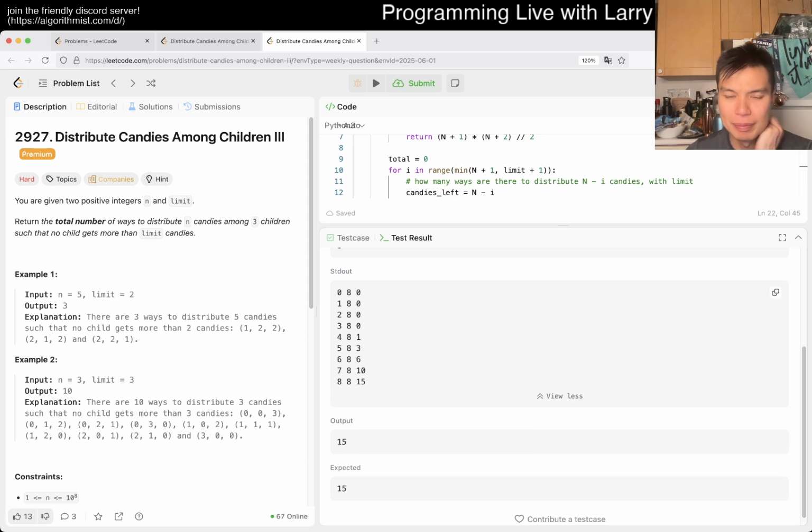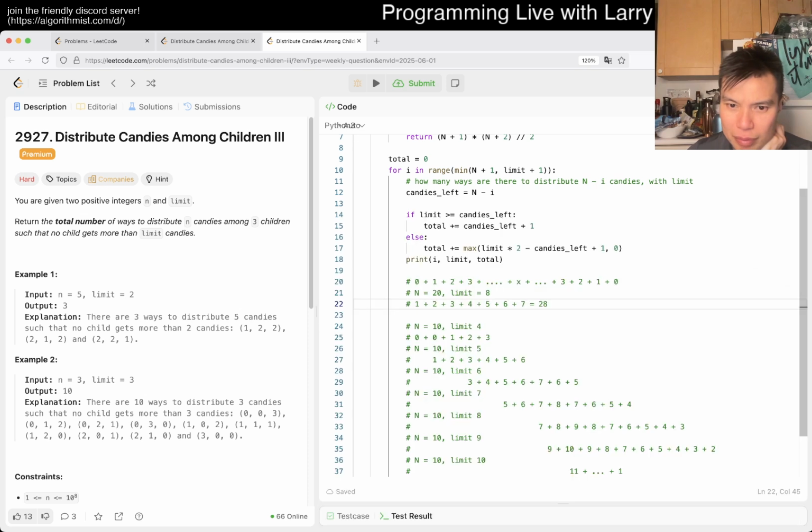So for 8, it goes 0 plus 0 plus 0, there's a lot of zeros, plus 2 plus 3 plus 4 plus 5, right? I see, because the number of zeros matters.